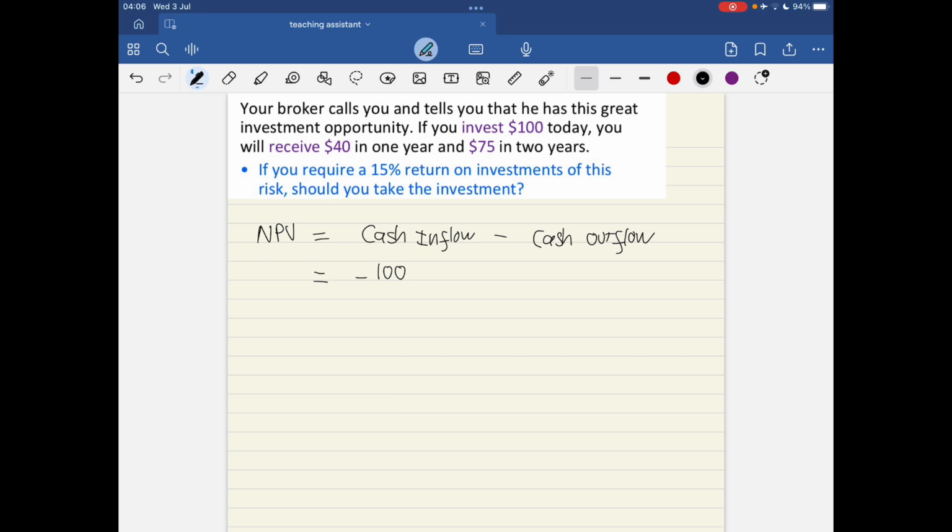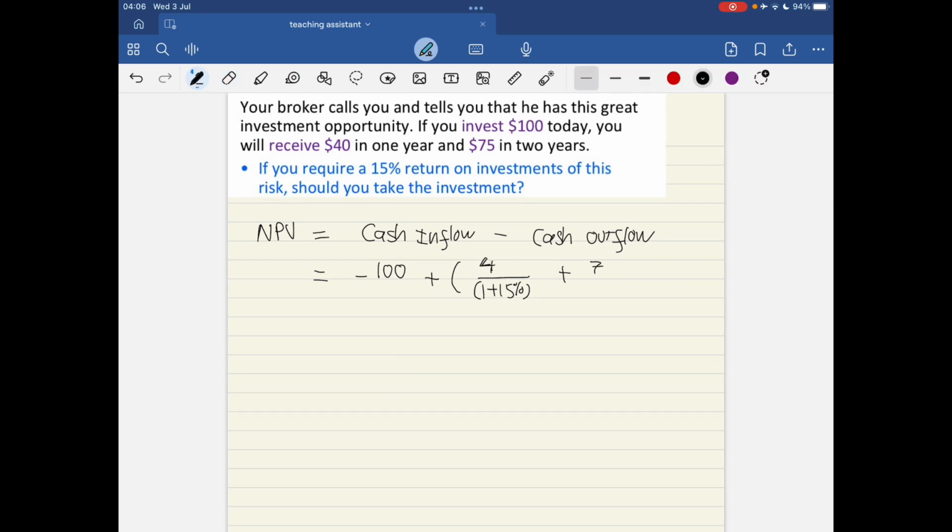The cash inflow should be 40 divided by 1 plus 15%, plus 75 divided by 1 plus 15% to the power of 2, because 75 happens after 2 years.